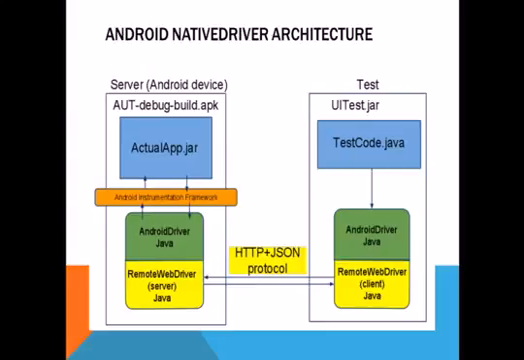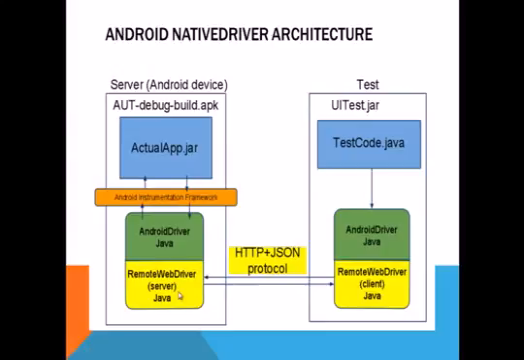This is the interacting party of this controller, and the same thing is also built inside the device or server or emulator. There is Android driver Java, and it also has another component, remote web driver server Java, but it's the server and one's the client.